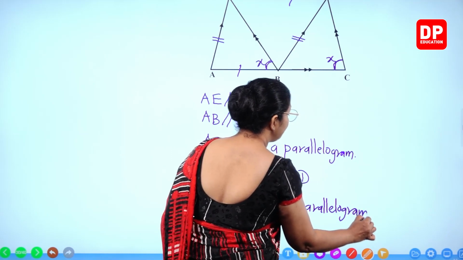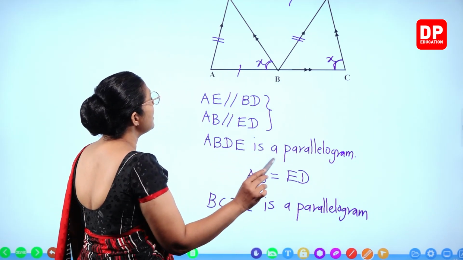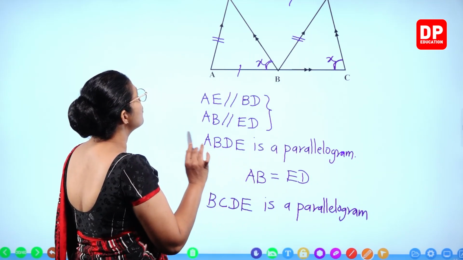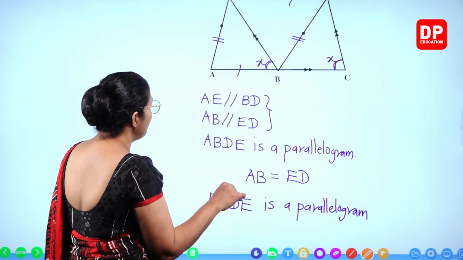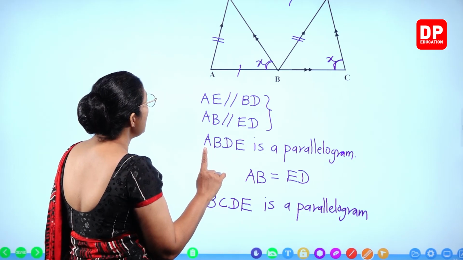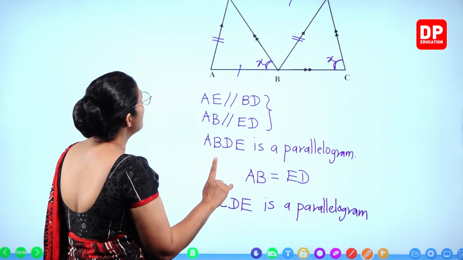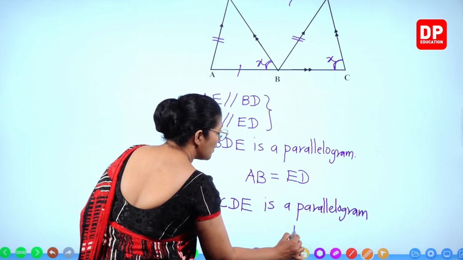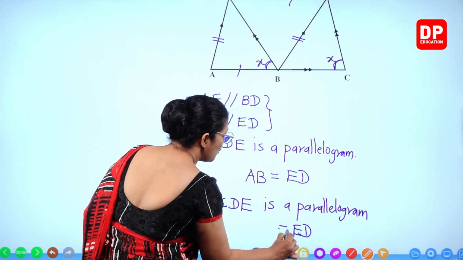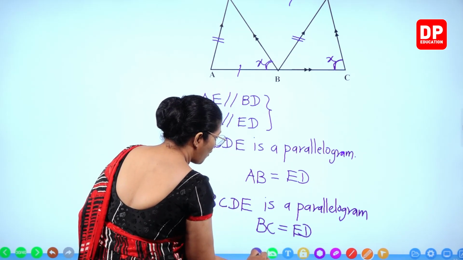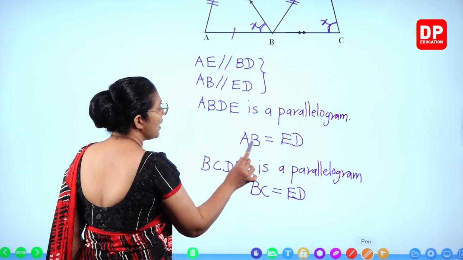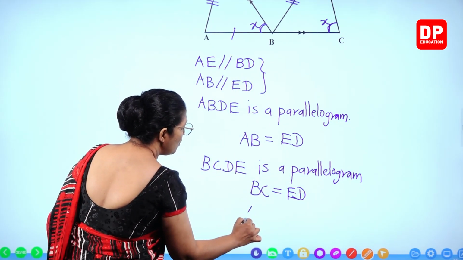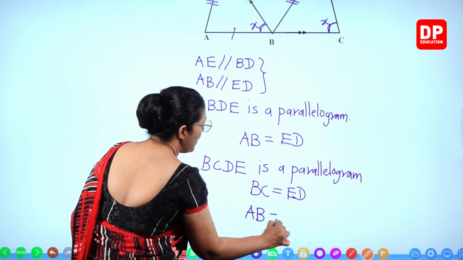What's the reason? Again, the same reason. BC is parallel to ED, EB is parallel to CD. So then you can say BC is equal to ED. So ED is equal to BC. From these two, you can say AB should be equal to BC.